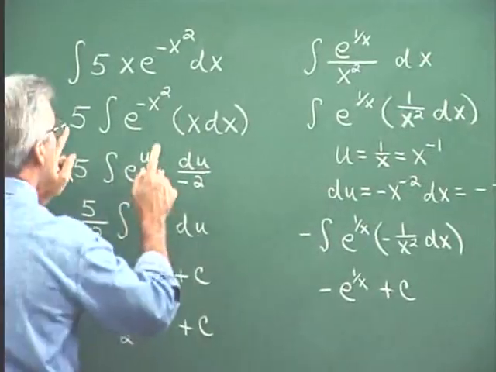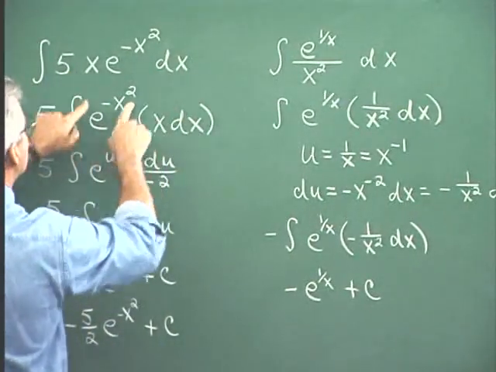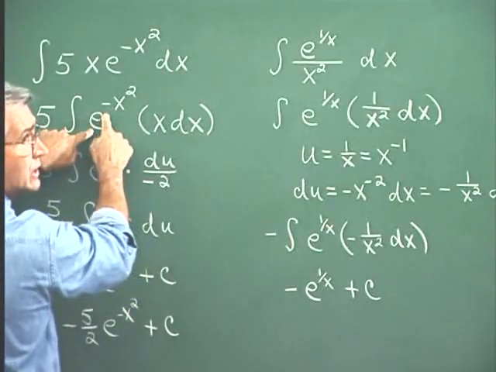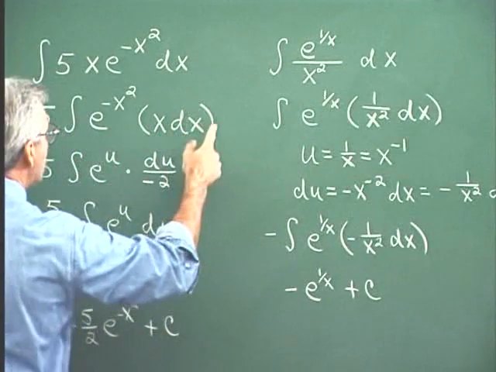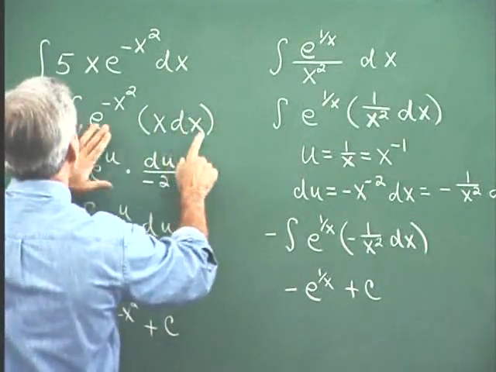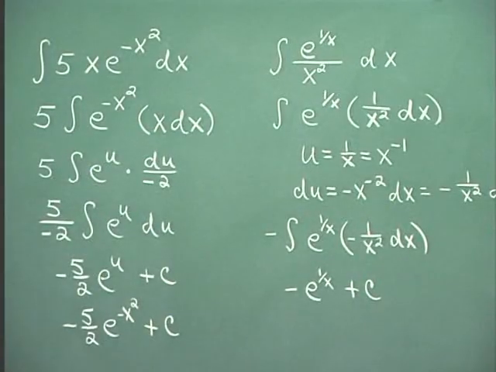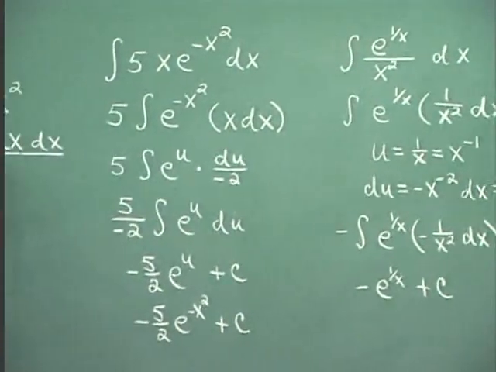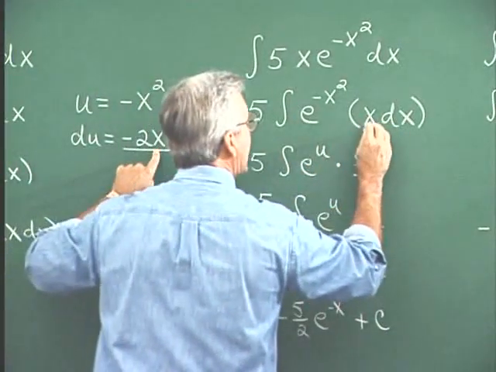We probably would be wise to resort the other factors so that we have e to the u separate from the other factors. I've done that here. It's at this point in the problem that we would come out to the side and say, u is the negative x squared, the du is negative 2x dx. Now, what we have in our problem is the x dx.